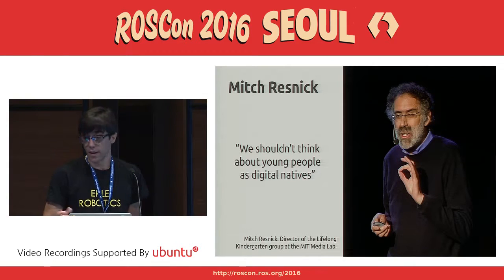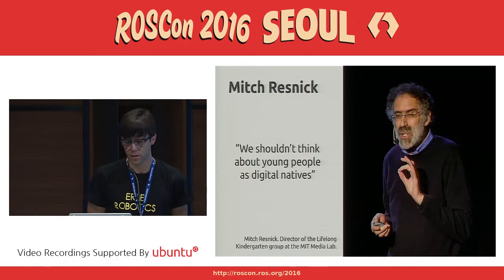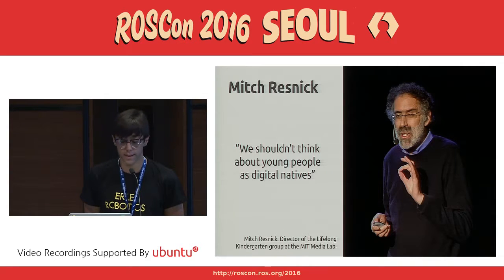So this is Mitch Resnick, the creator of Scratch, and he thought that we shouldn't think of young people as digital natives. Young people spend most of their time using new technologies, so they are really comfortable and familiar with browsing, chatting, texting, gaming, but that doesn't really make you fluent with new technologies.